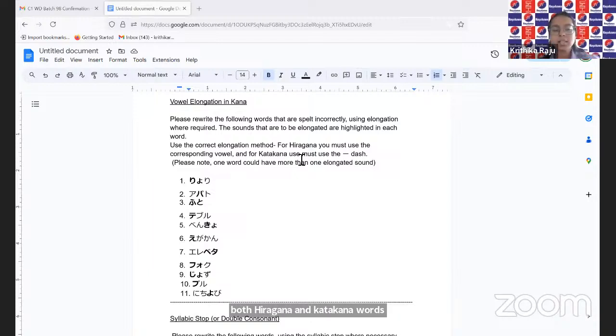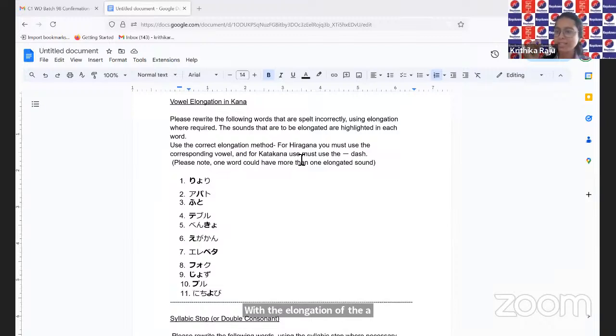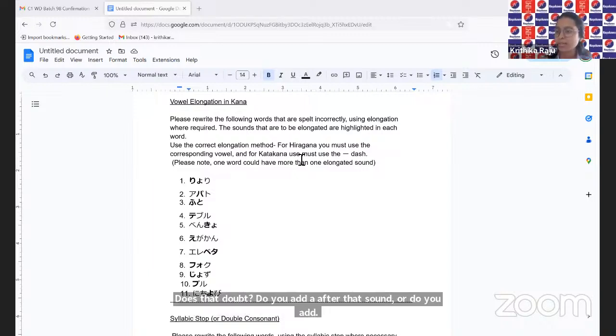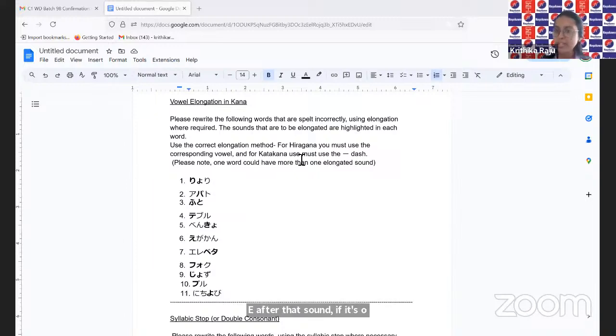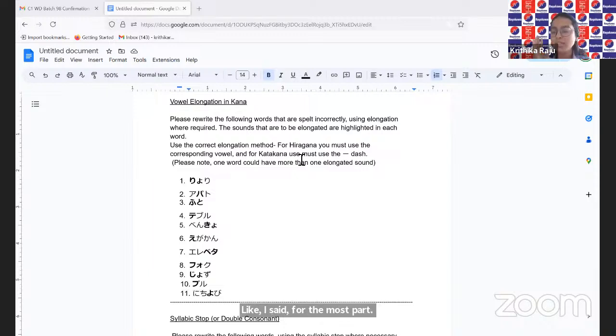For the most part, the elongation was all right. I think some of you confused the elongation of the A sounds and the O sounds. There's that doubt: do you add A after that sound or do you add E after that sound? If it's O sound elongation, do you add O after it or U after it? Like I said, for most of the words, for the elongation of an A sound, you will add the kana E after that sound.